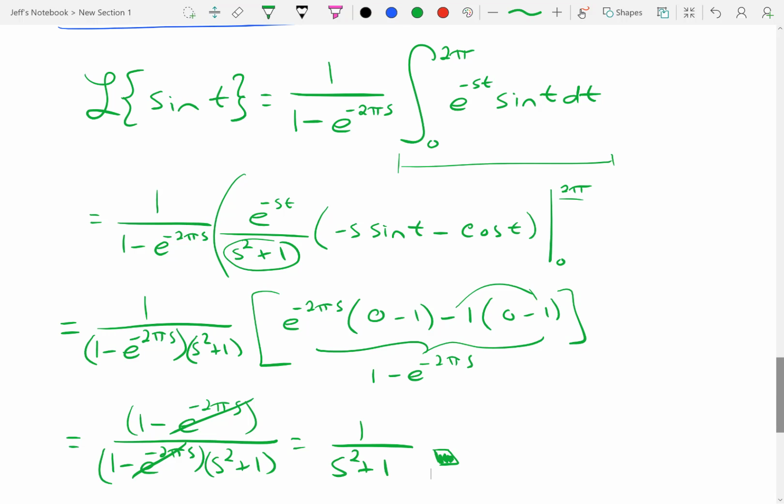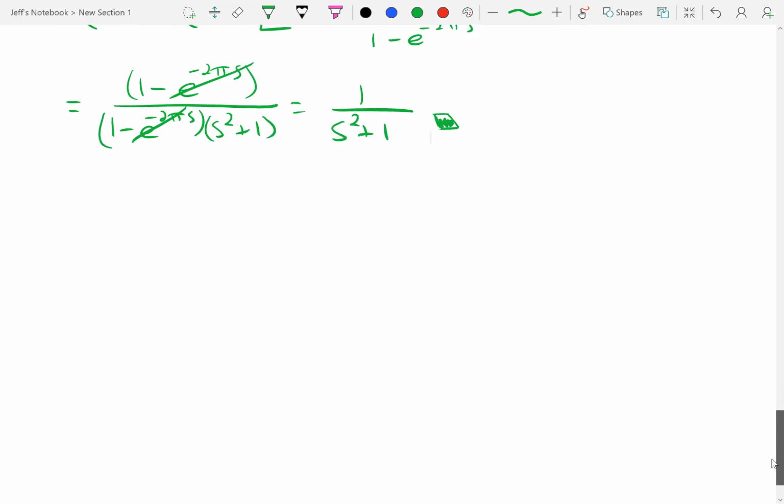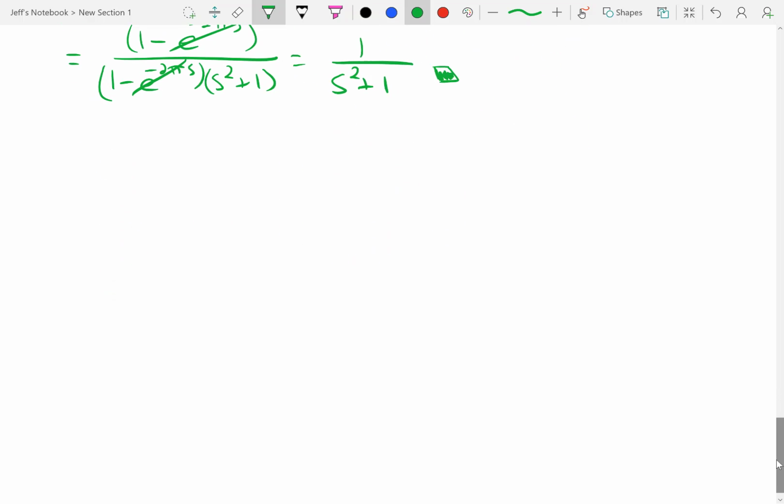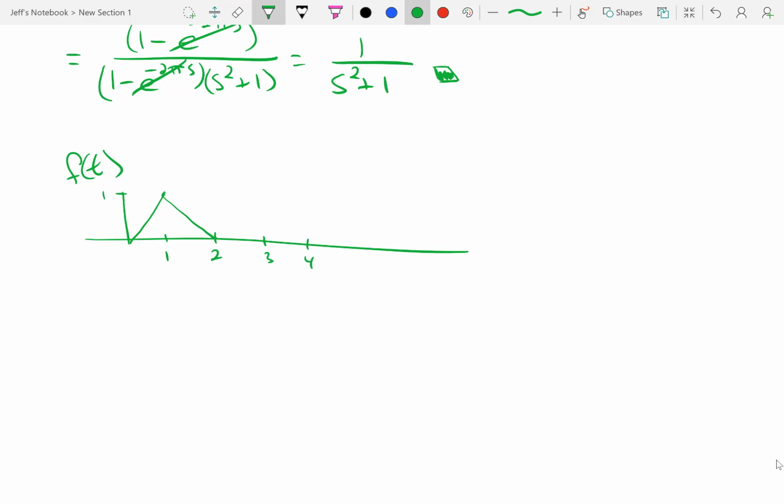When it comes to the types of problems that we really do care about with regards to this formula, I go back to my previous example, that if I had had f of t, and we were looking at 1, 2, 3, 4, and it was this sawtooth pattern where it looked like this, then I could look at integrating just over that interval of t, and this formula would end up being a really, really nice way of doing it.